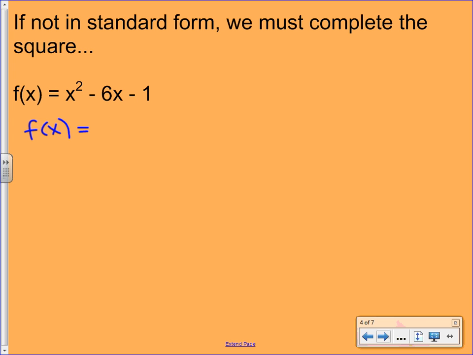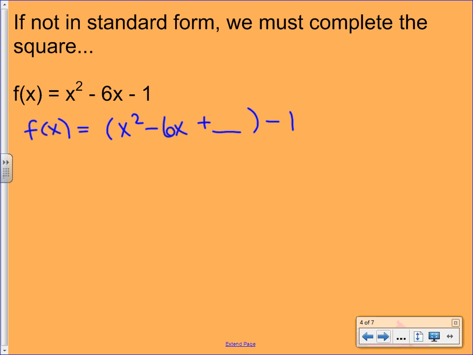So we're going to group anything with an x together, and we're going to leave our constant outside. All right, we're going to worry about that last. Okay? We are going to add something to our x squared and x term here.